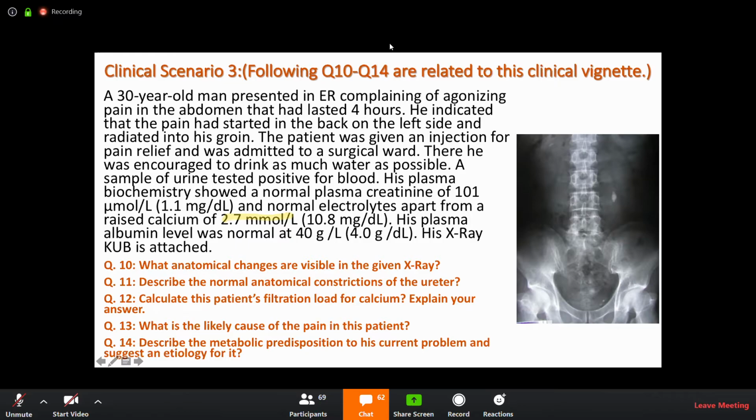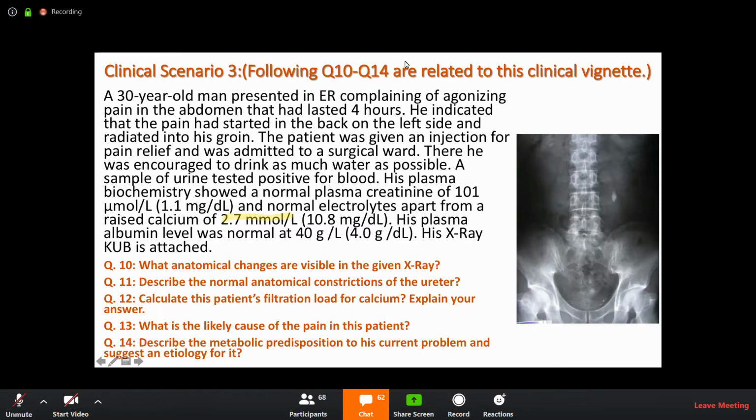And if he is, then that may explain this high level of calcium, okay, and the formation of the stones in his urine. So this is what you need to exclude in terms of his metabolic pathway or his metabolic predisposition to getting stones and so on and so forth.